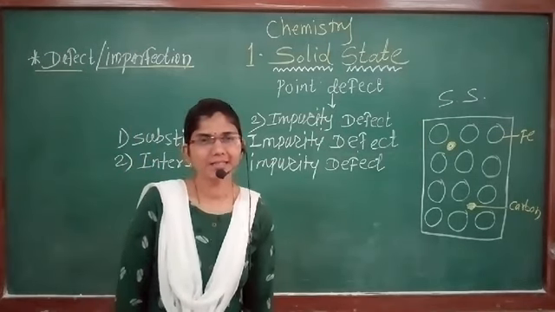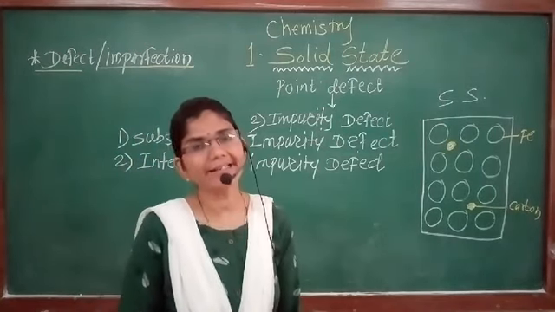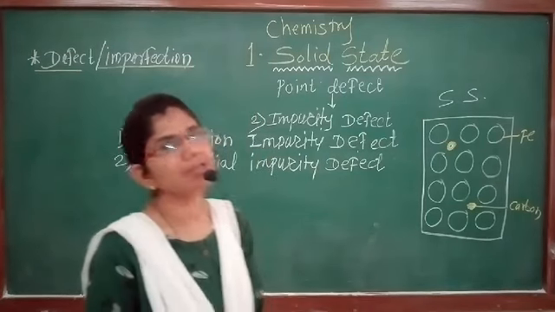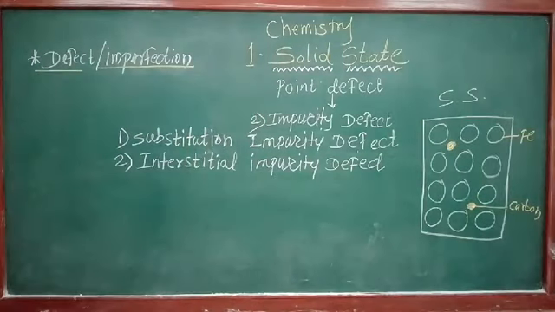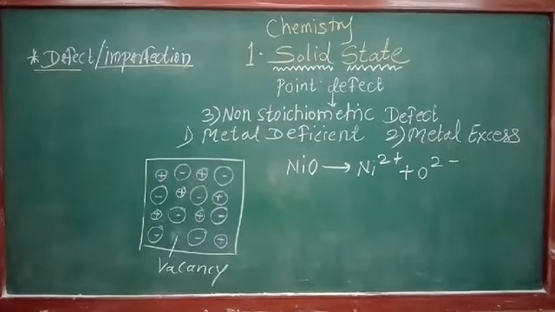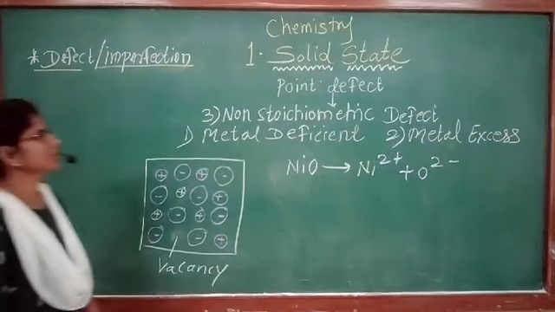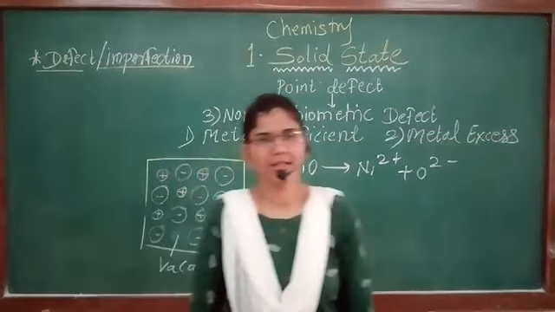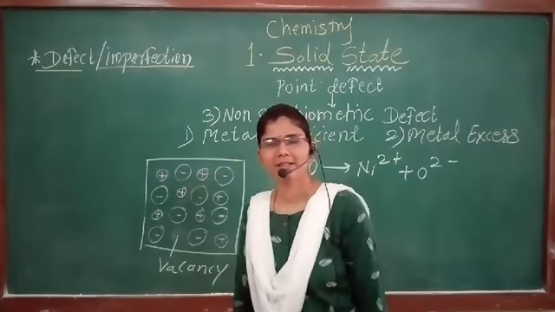Then next, the third type of point defect is non-stoichiometric defect. That part we have discussed here. The third type of point defect is a non-stoichiometric defect. A non-stoichiometric defect means what?